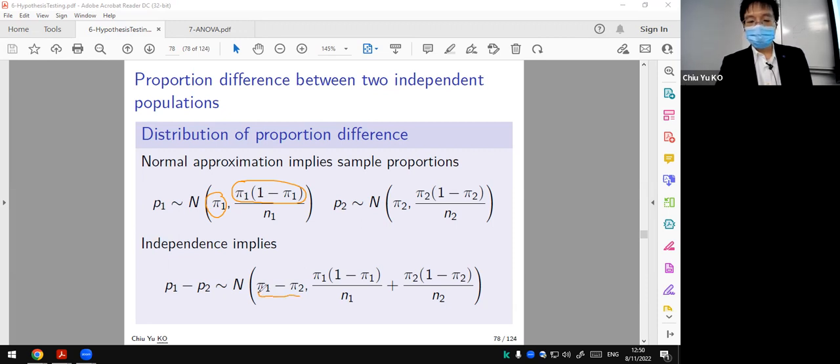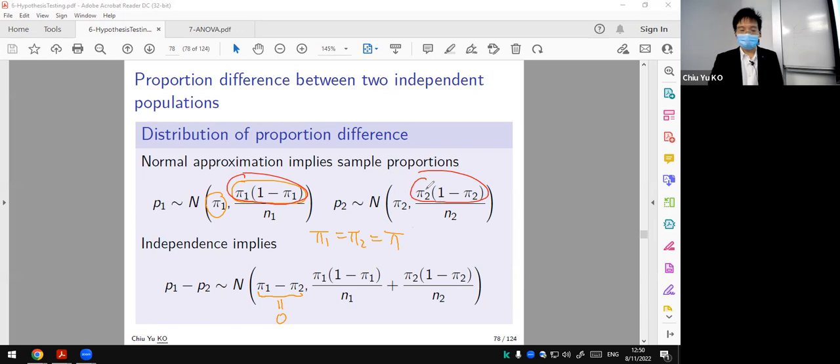If the null hypothesis says they're the same, which means pi 1 equals pi 2 equals pi, then the numerators are the same, because they're the same pi.